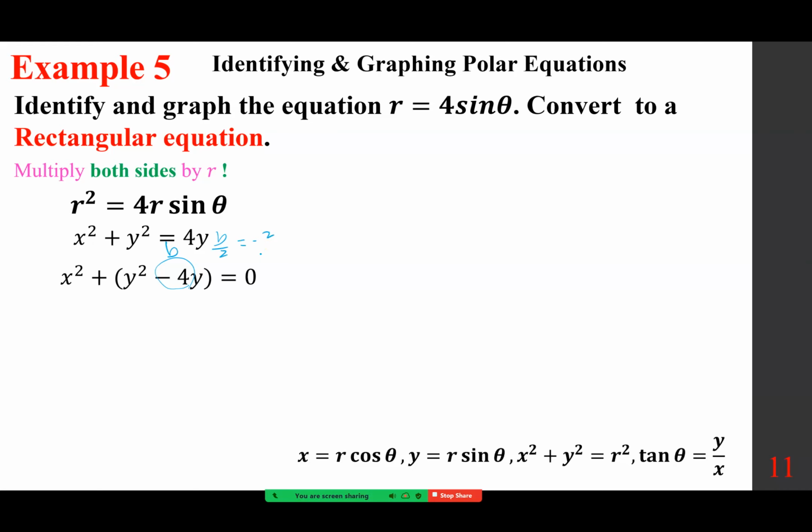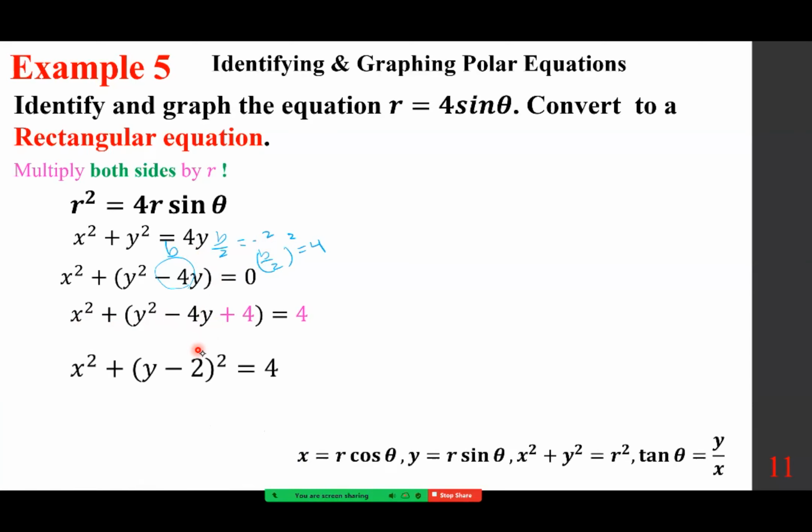We are going to square that, which gives us positive 4. We are going to add positive 4 to both sides. This is x squared. This is y, and it's always plus b over 2. B over 2 happened to be minus 2. So y minus 2 quantity squared on the right side is 4.